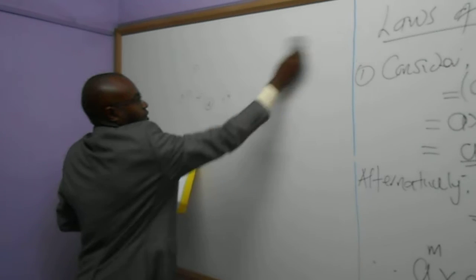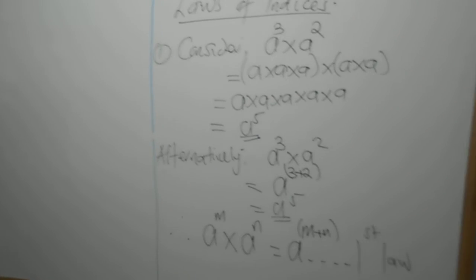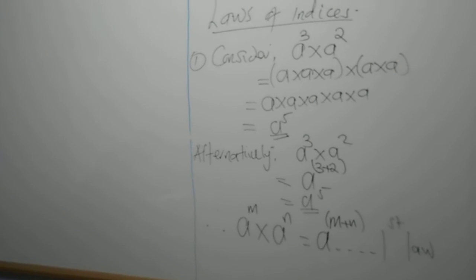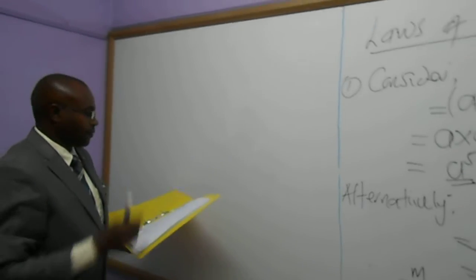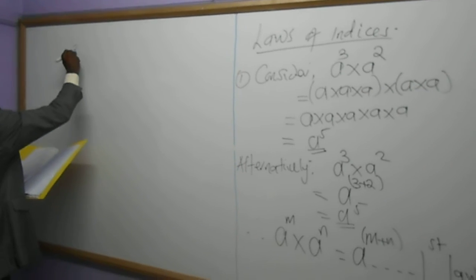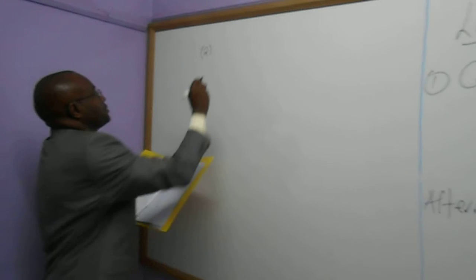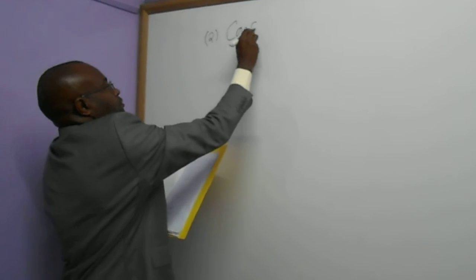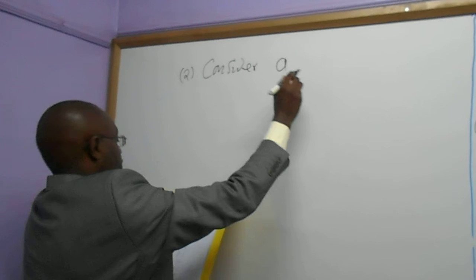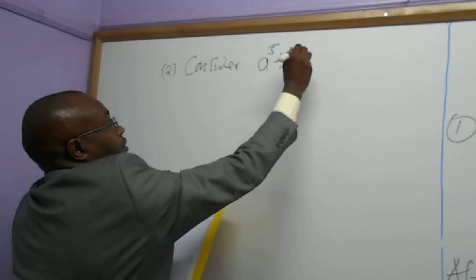Class, we are now going to look at the second law of indices. Now, consider you're given a raised to power 5 divided by a raised to power 2.